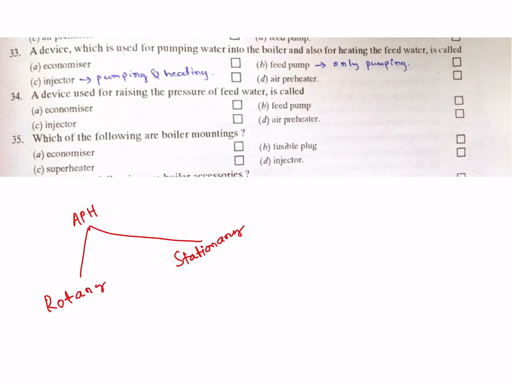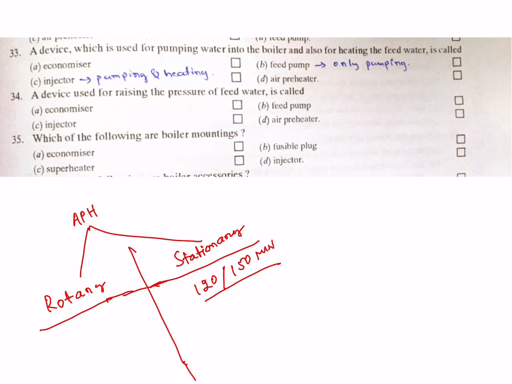Stationary air preheaters you will get in small units, up to 120 megawatt or 150 megawatt, and beyond that you will get rotary. In 120 megawatt also, in some places you will get rotary air preheater.